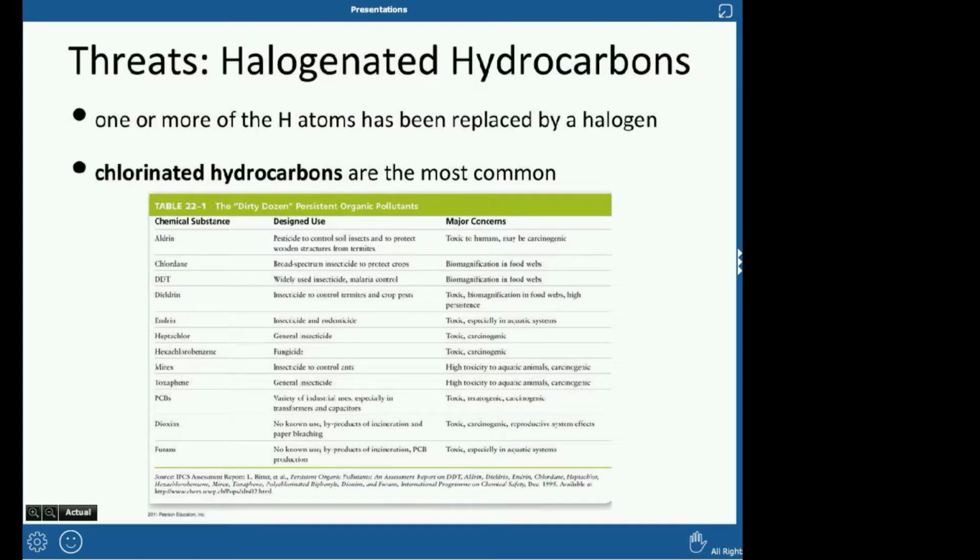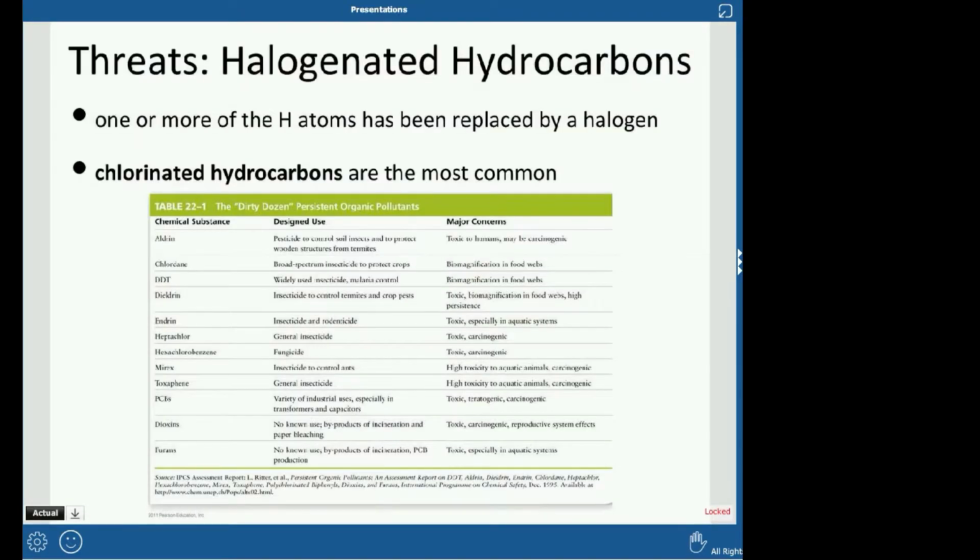Another pollutant is halogenated hydrocarbons. This is basically a hydrocarbon where an H is no longer there, and instead there's a halogen, like chlorine or fluorine. You can see here this list, the Dirty Dozen of chlorinated hydrocarbons. If you ever read Silent Spring, she talks about these a lot.